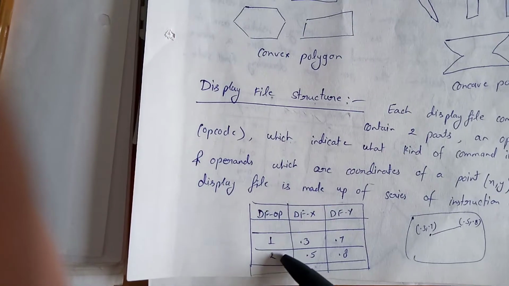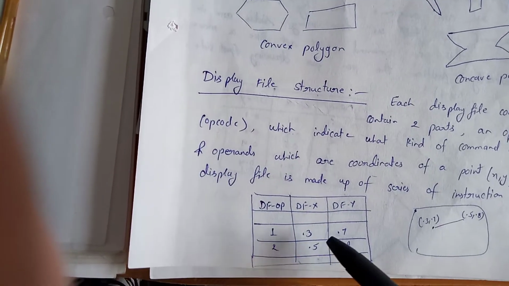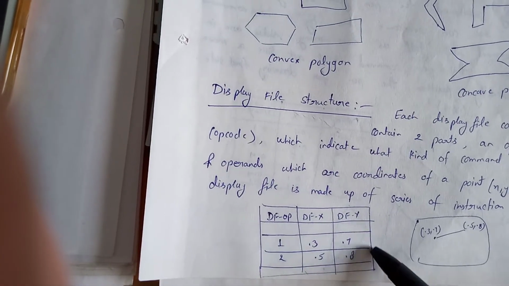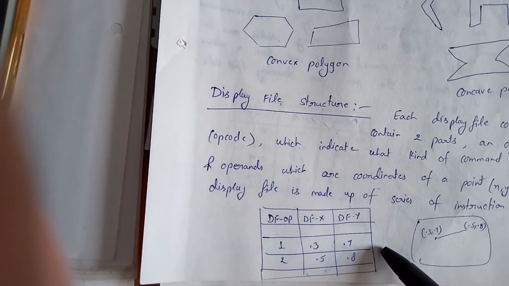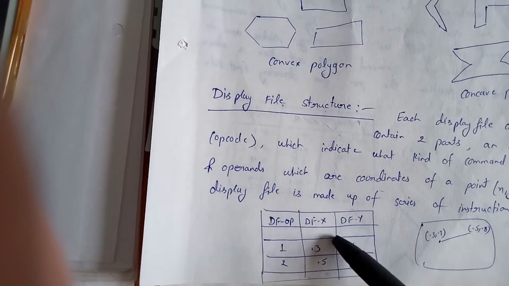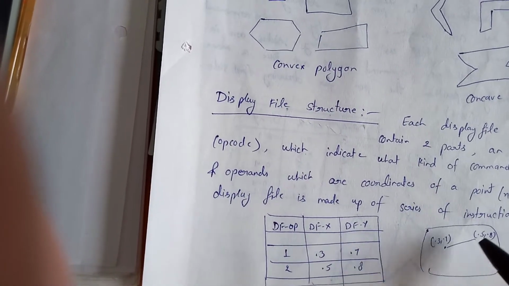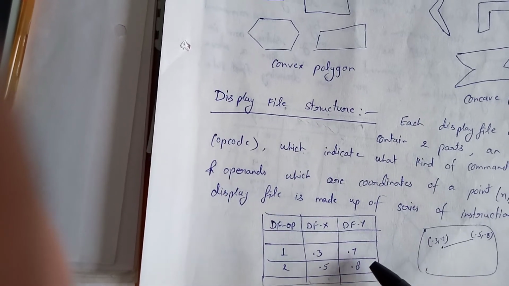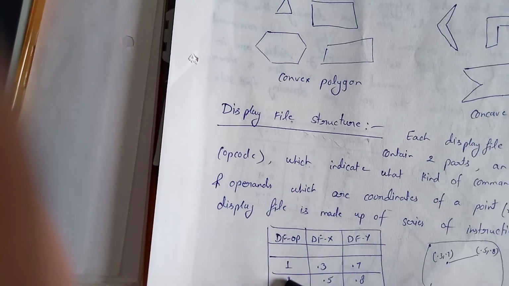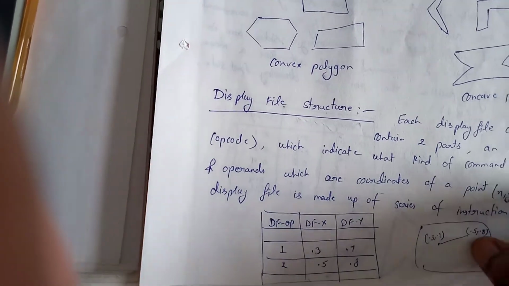This is the opcode, a predefined opcode. The second point is 0.5 and 0.8. In this way, we can store our information of polygons in display file structure. This information provides you the details of a line where the first point is this, the second point is this, and the operation code explains that this is the command for line drawing.